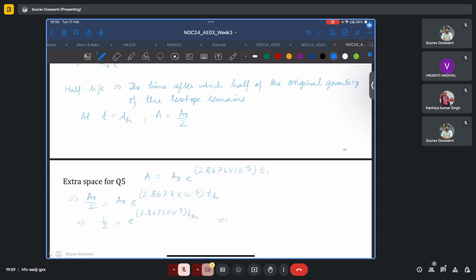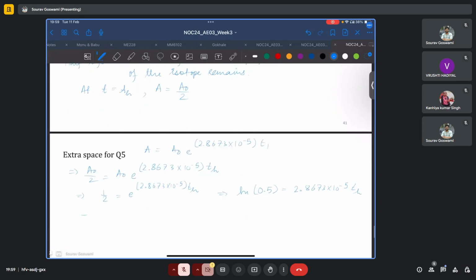If we take a logarithm of both sides, ln 0.5 is equal to 2.8673 into 10 to the power minus 5 th. th is equal to ln 0.5 by 2.8673 into 10 to the power minus 5.